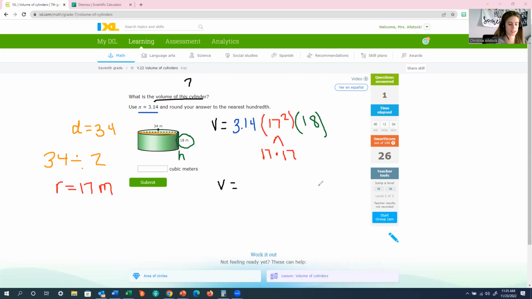All right, let's put this in our calculator and solve it. So we have 3.14 times 17 times 17 times 18, giving us a volume of 16,334 and 28 hundredths. And once again, it's already rounded to the nearest hundredth, so we don't have any additional steps that need to be taken.